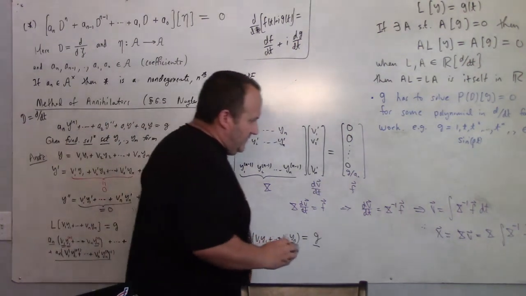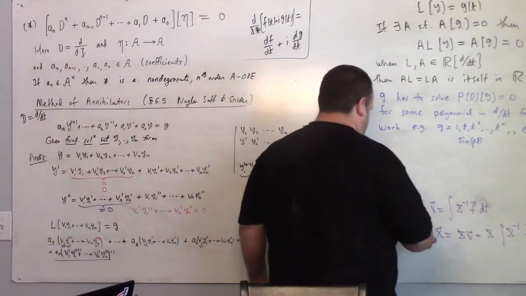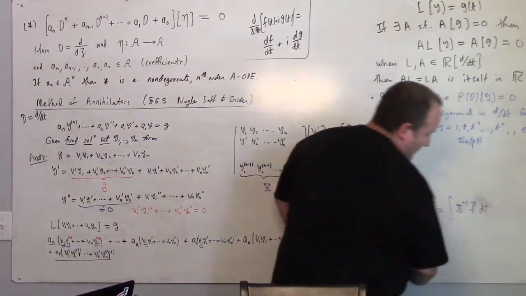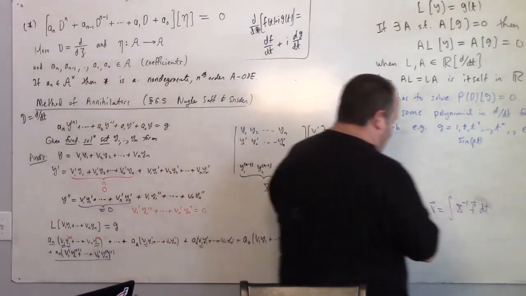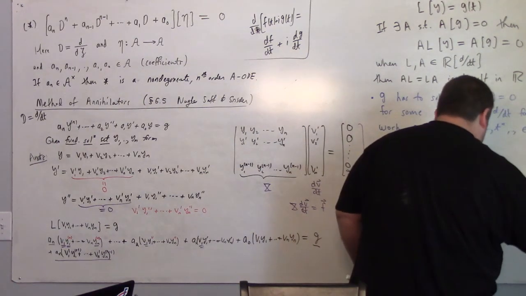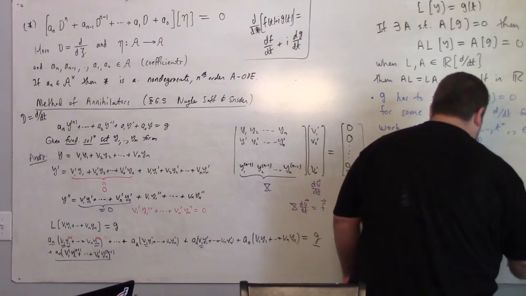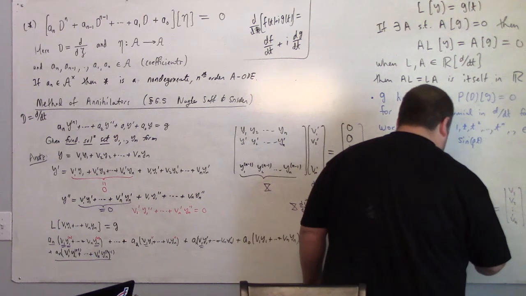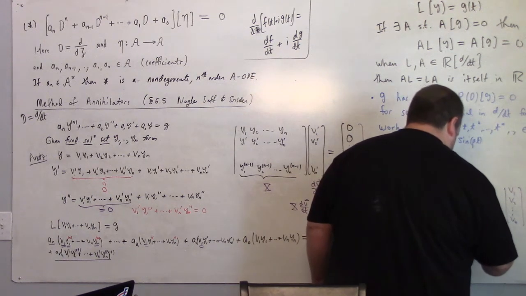I shouldn't write it that way. Sorry, I'm thinking of systems. This is v, the parameters that we're trying to find. And then you take those, and your solution is, like we said, v1 y1 and so on.